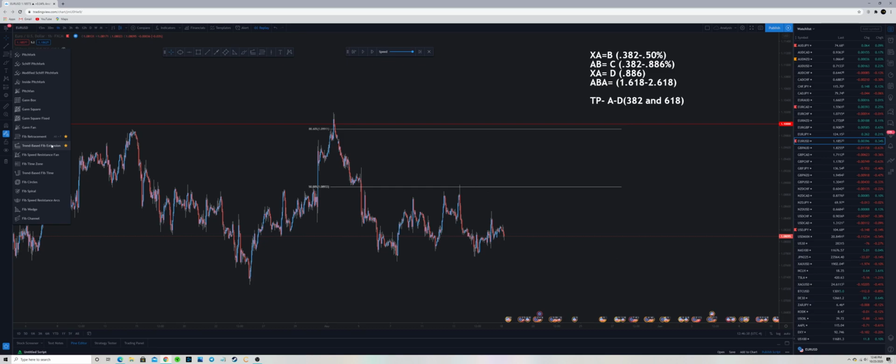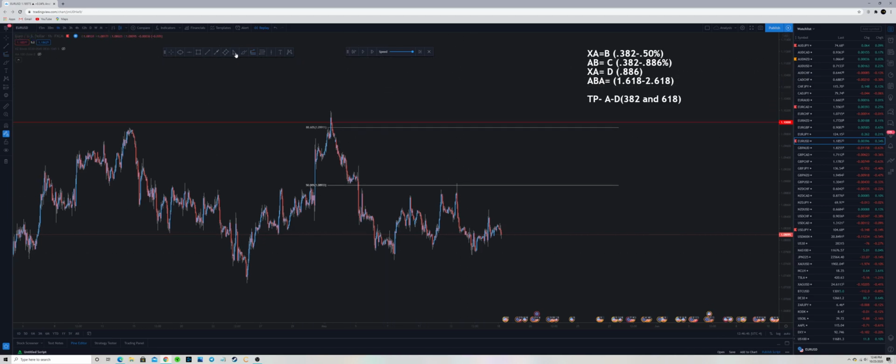So our trend-based fib extension. Remember, again, you take the Fibonacci from wick to wick, and to get that second fib for the D point, because you need that second fib, it can't just be one fib. You get those two fibs and you draw a box around them, and that's how you get your reversal zone, or potential reversal zone.